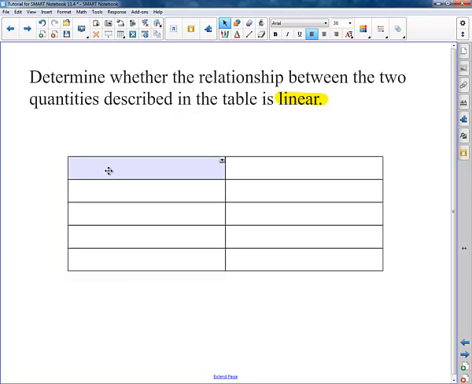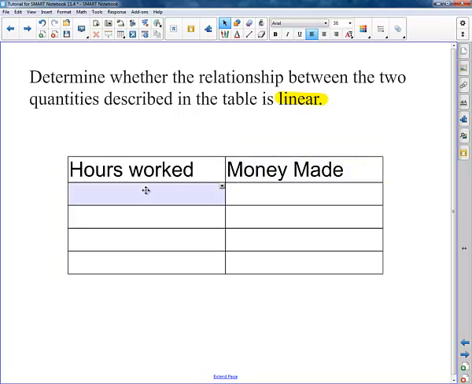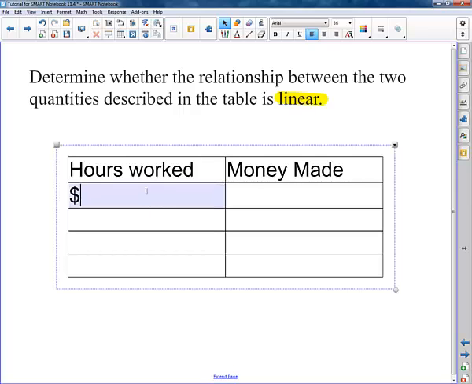Let's do hours worked, money made. For the first one, for the hours worked, let's do 4 hours.